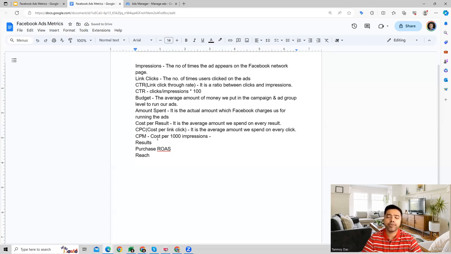There can be a lot of campaigns which we might run for branding and awareness purposes, where our objective is to show the ad as much as we can, because that will bring more brand awareness with the users. In such a situation, we would like to pay only for showing our ads, and that is when we can use this metric, CPM bidding, which shows us how much we are spending on showing our ads every 1,000 times.